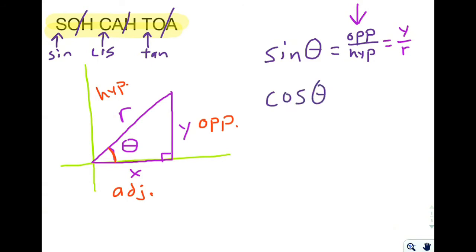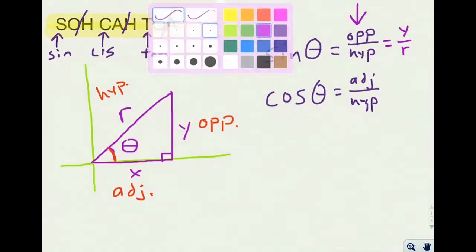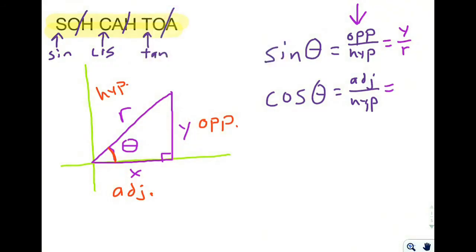Cosine of theta is adjacent over hypotenuse. And again, if we're using our purple letters here, that's going to be x over r. So the adjacent over the hypotenuse.